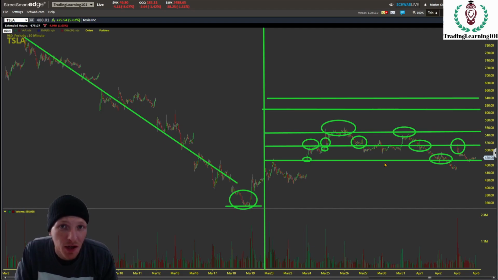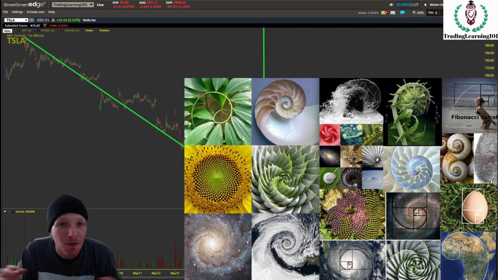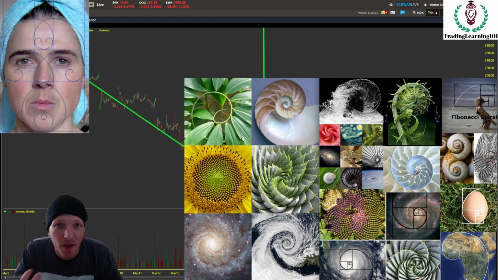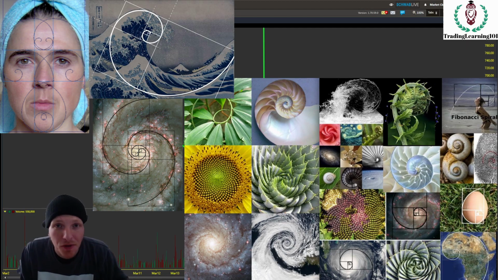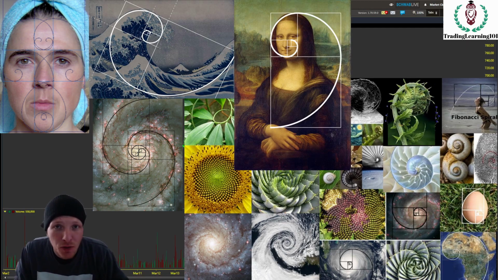Fibonacci, like I've said in many of my other videos, is surrounded by us everywhere, from the lengths of our arms, our face, nature, Mother Nature, the ocean, space, everything. Buildings, structures, architects, math, sunflower seeds, seashells, everything. Seahorses. There's so many things that revolve around Fibonacci and the numbers, and it's all over in the stock market.